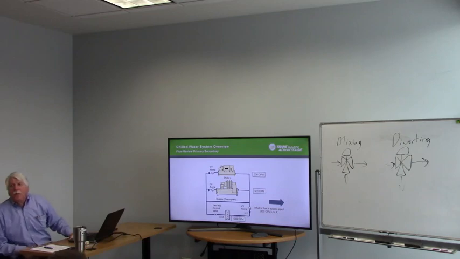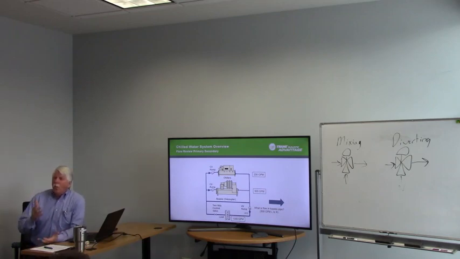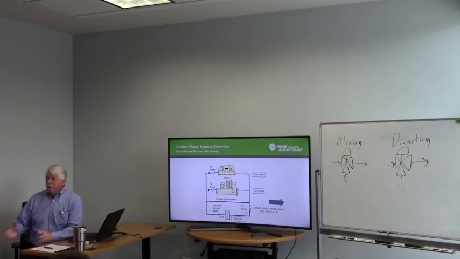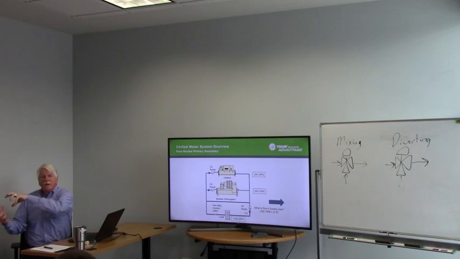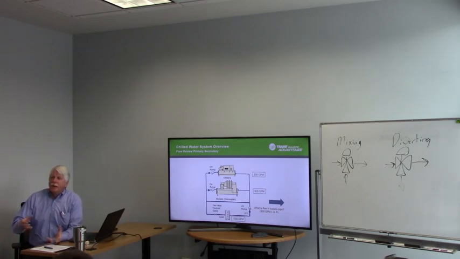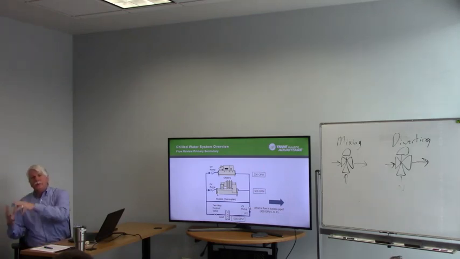Does anybody know what a pump efficiency is? In other words, anytime you're dealing with a pump or a fan, you're putting electrical energy in and you're getting mechanical energy out. Okay? On a pump, do you know for the electrical energy you put in, how much output you get?